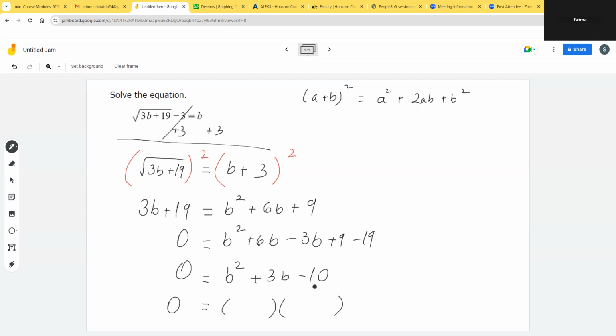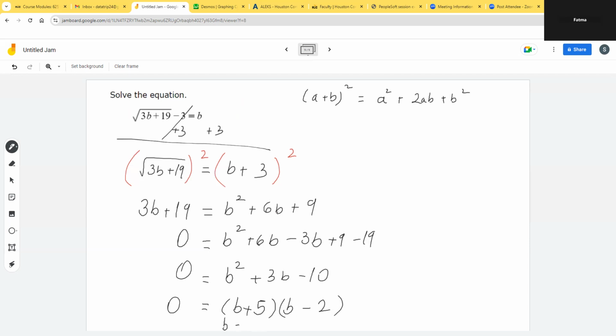What two magical numbers I need here? b plus 5 and b minus 2. Look, positive 5 and negative 2. When you multiply positive 5 and negative 2, what do you guys get? Negative 10. When you add the positive 5 and negative 2, do you get a 3? Yes. These are the factors.